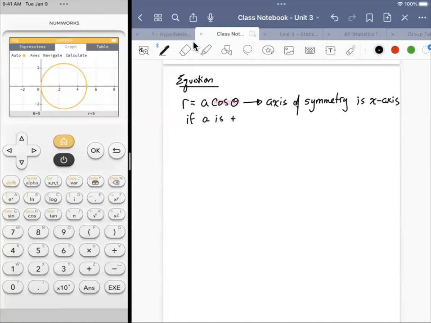All right, if a is positive, it's to the right of the y-axis. If a is negative, you guessed it, it's to the left of the y-axis.